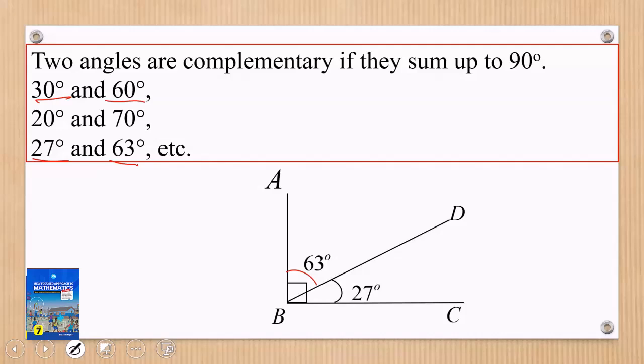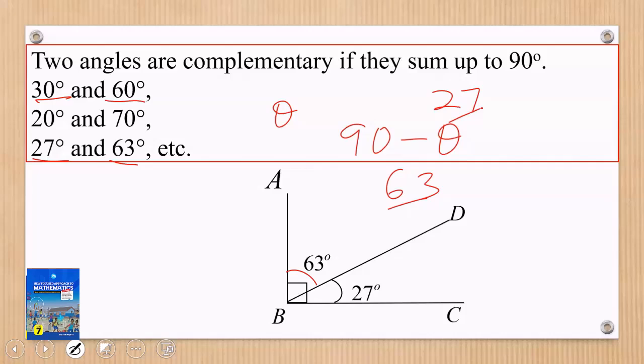So what it means is that if I have an angle called theta, then the complement of this angle theta becomes 90 minus theta. That is it. It means if I have the angle theta to be 27, then the complement becomes 63 because they must add up to give you 90.